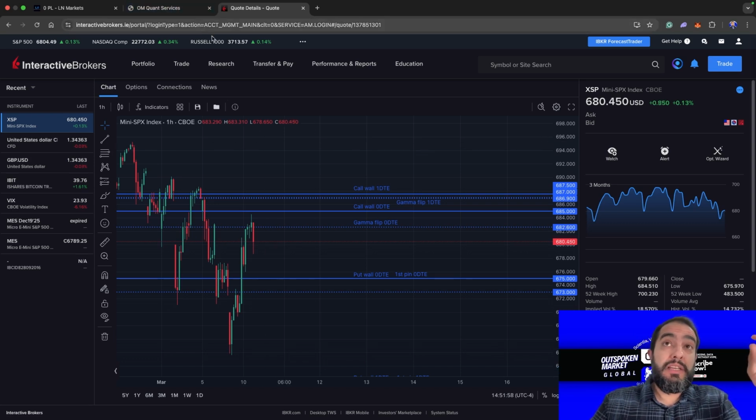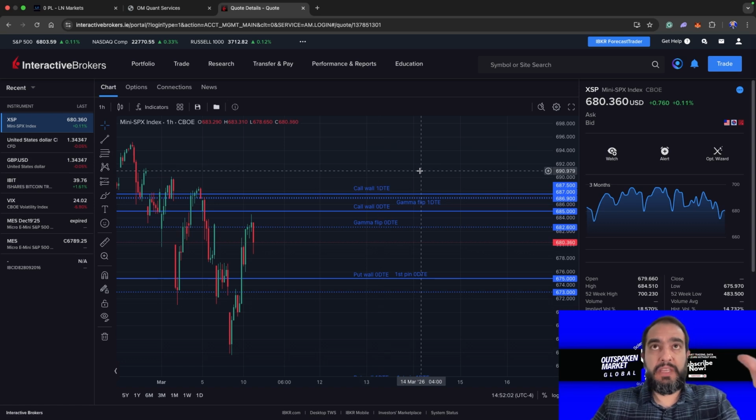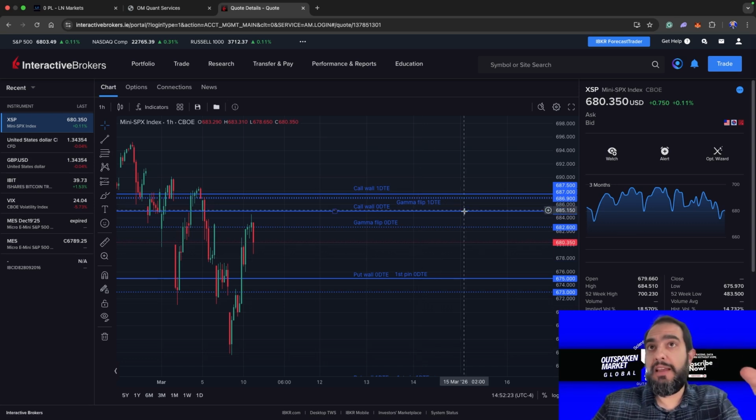So you can notice that we have a few key levels of gamma exposure: the call and the put walls that we saw in the previous class, the gamma flip, and eventually the pin candidates. Now, I usually represent the pins as these dotted lines, as well as the flips, and the solid lines are the walls.